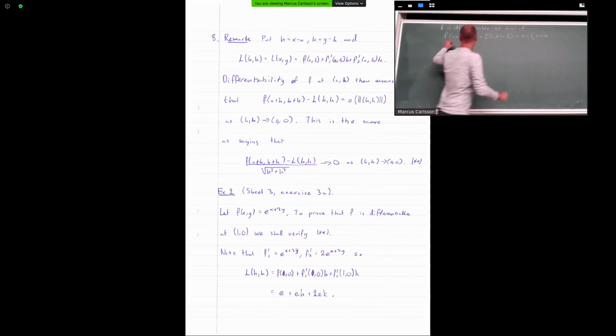Okay, so here we have something that's not linear. Here we have a linear plane in h and k. And now h and k are near 0.